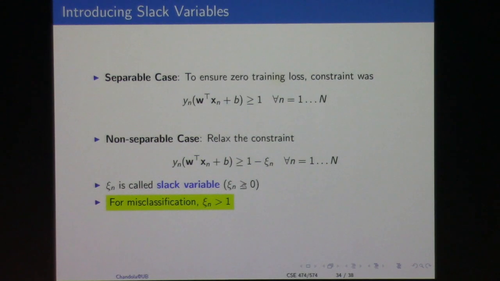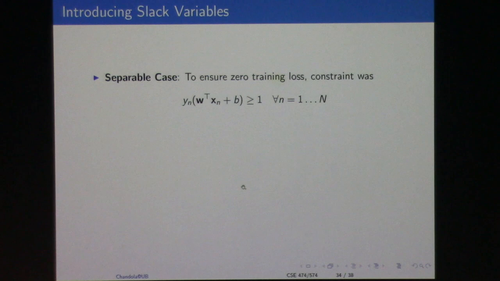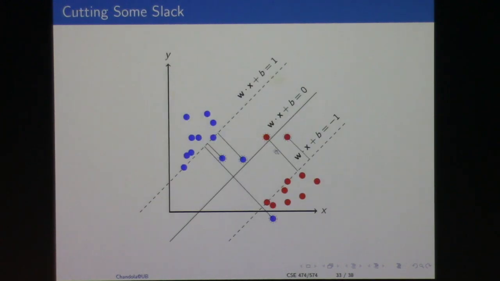So that's why we treat psi_n to be greater than or equal to 0. And one thing you will see is that the magnitude of this vector is psi. If psi is greater than 1, which means that not only is this red point on the wrong side of the margin, but it is also on the wrong side of the decision surface, right?